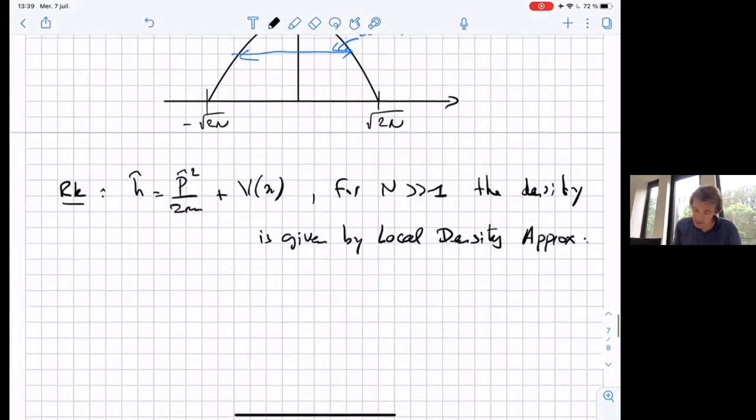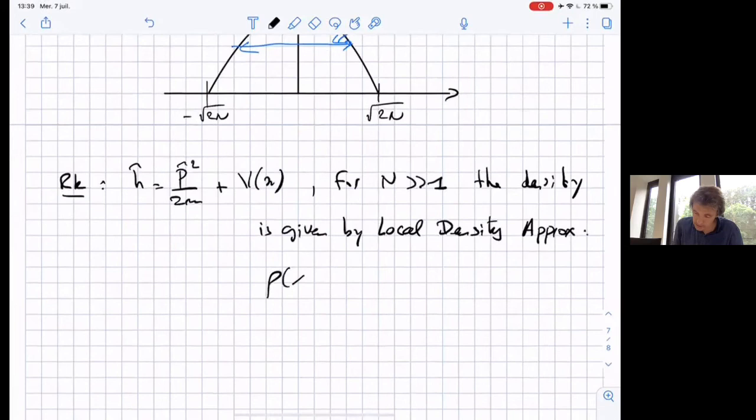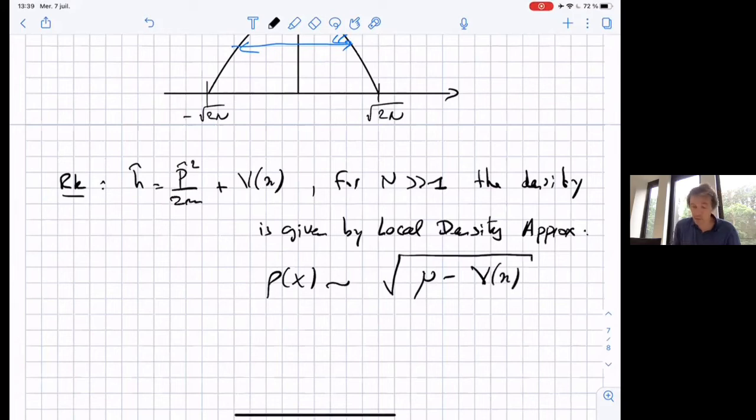What it tells you is that the density rho of x, up to a normalization factor, has a relatively simple dependence on x. It's just the square root of mu minus v of x. What is mu? Mu is just the Fermi energy, the highest energy level which is occupied in your system.